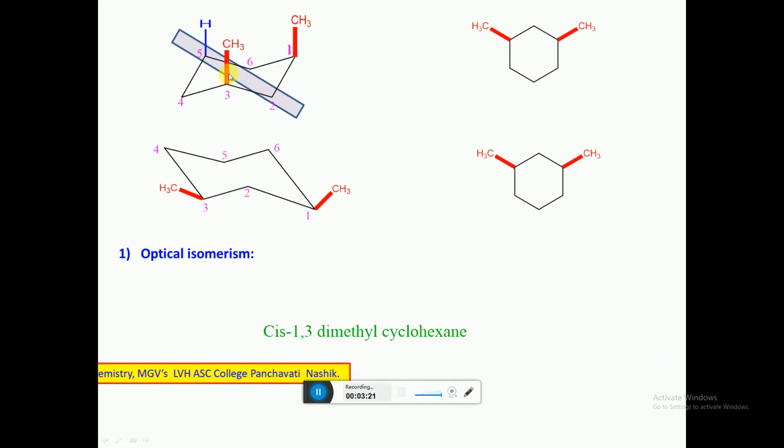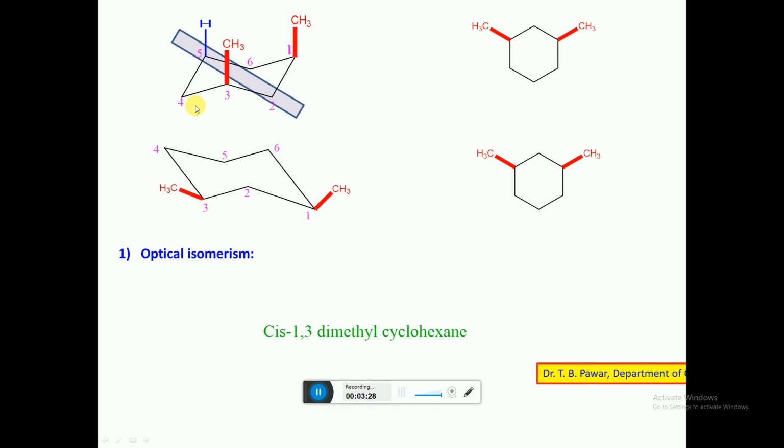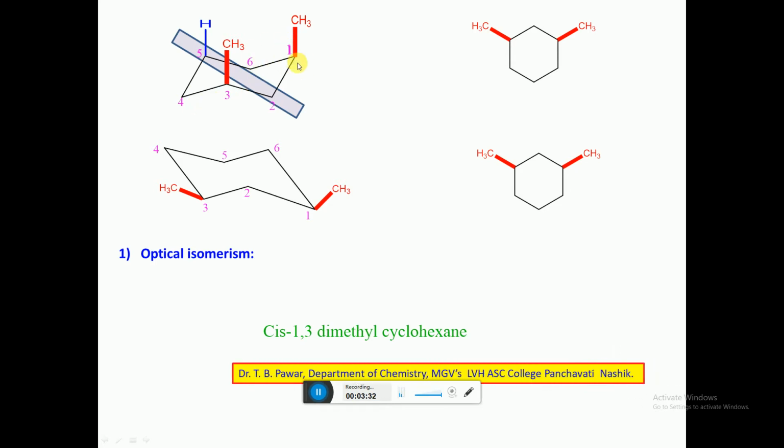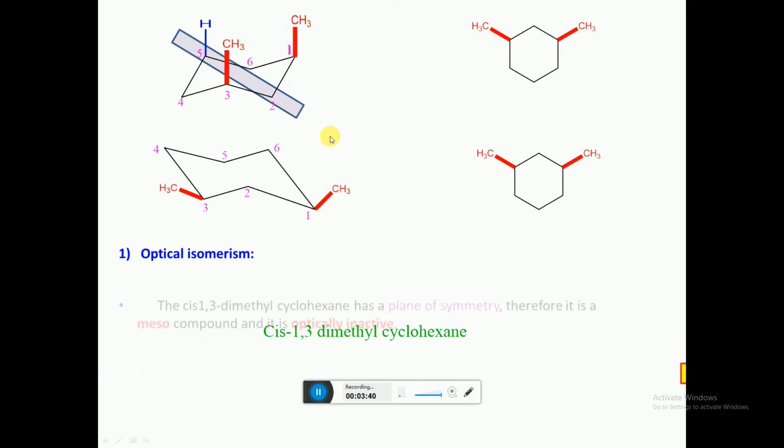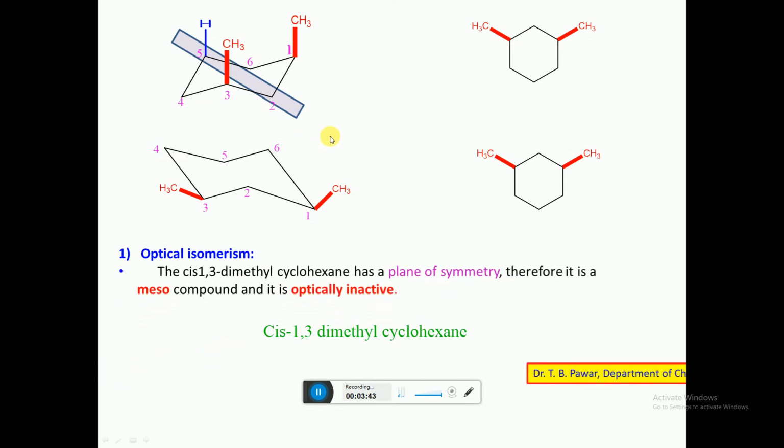Means this part of the molecule having a particular optical activity is exactly cancelled by the optical activity of this part. Means the molecule becomes a meso molecule, and so the molecule is optically inactive.